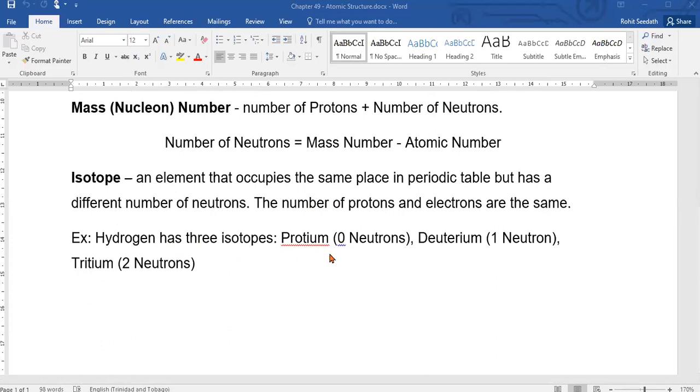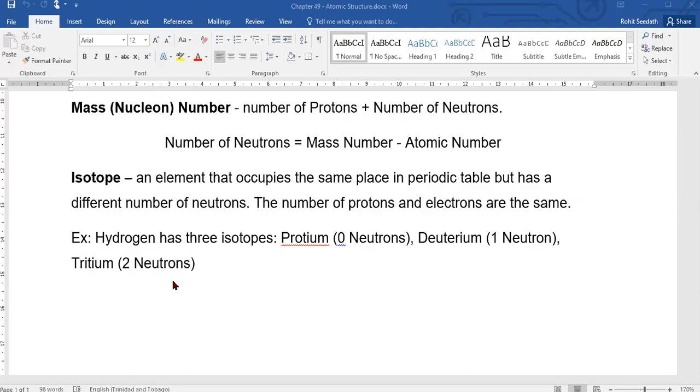We have something called protium, deuterium, and tritium, or however I want to pronounce it. Good. So one of them has 0 neutrons, the next one has 1 neutron, and the next one has 2 neutrons.